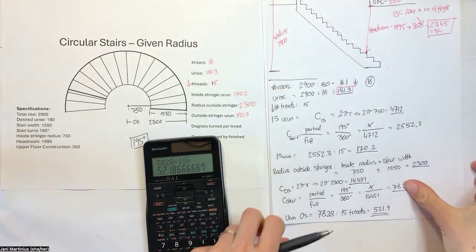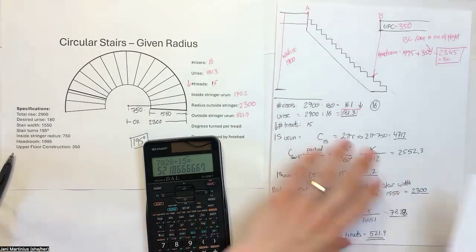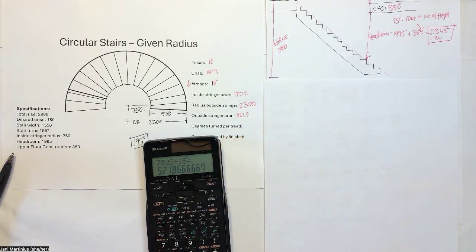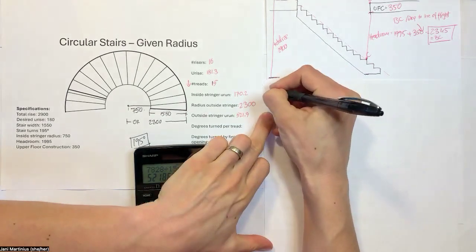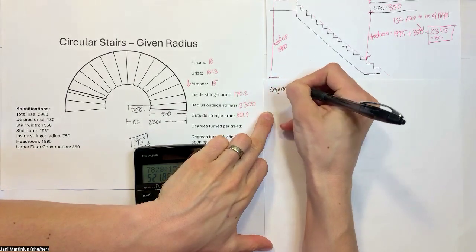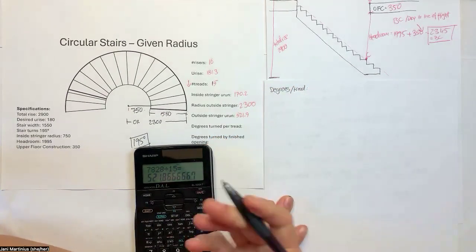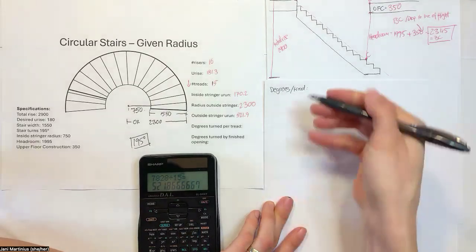Awesome. I will pull out an extra piece of paper and I'll leave it here so that we can still see our drawing. Okay. Alrighty, what's next? Degrees turn per tread. Well, how many degrees do we have in our stair? We have 195.